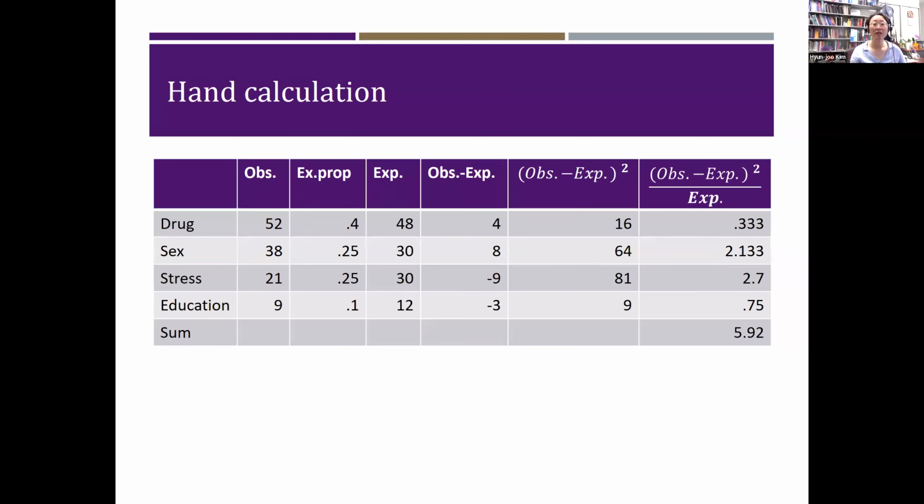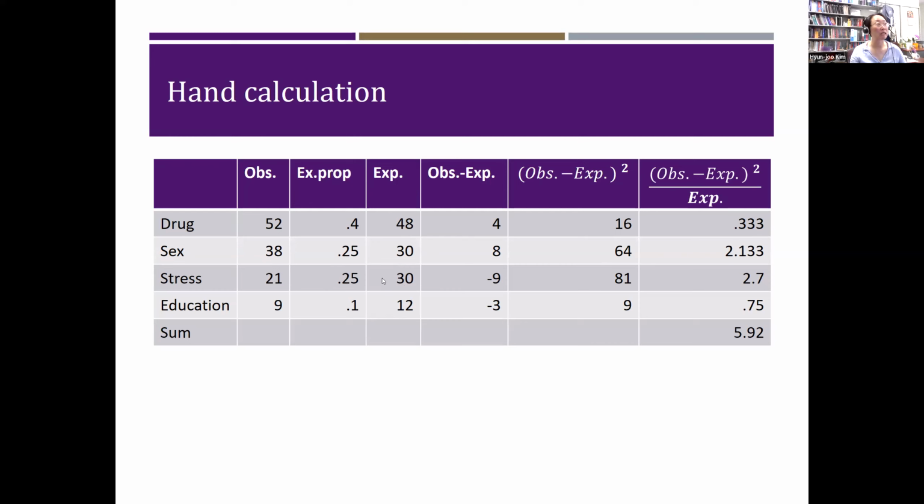This slide shows how the calculation can be done to calculate the test statistic. Observed value and calculated expected value. Again, these are 120 times 0.4, 120 times 0.25, 120 times 0.25, and 120 times 0.1.